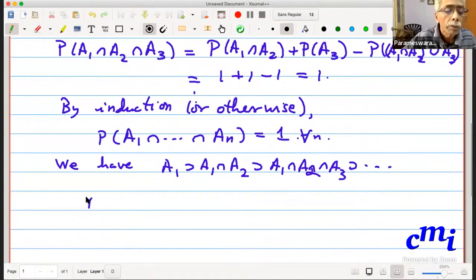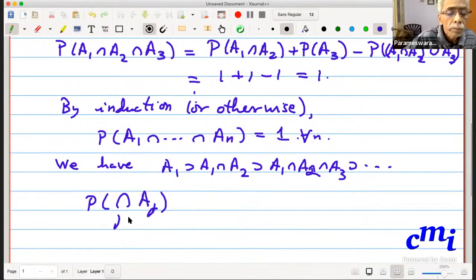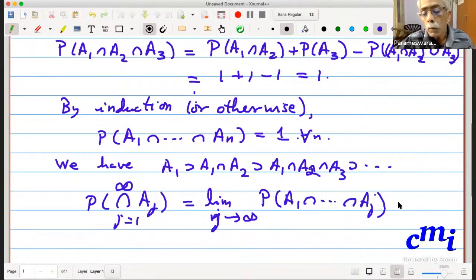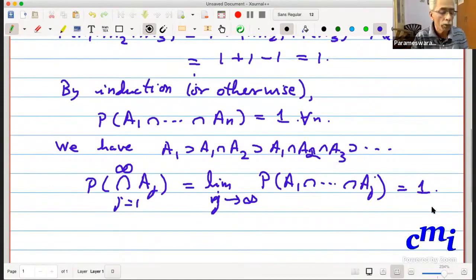The probability of the intersection of all these Aj, j equals 1 to infinity, is equal to the limit, as j goes to infinity, of the probability of A1 intersection up to Aj. This is equal to 1. The constant sequence 1, therefore the limit is also equal to 1. And that's exactly what you wanted to prove. Okay, so we are done.